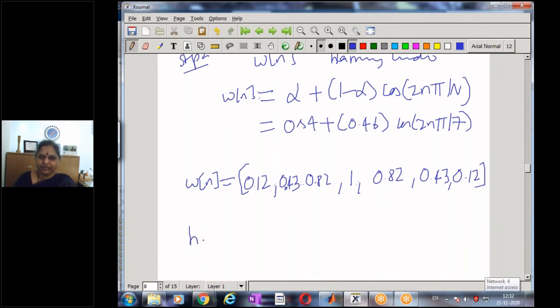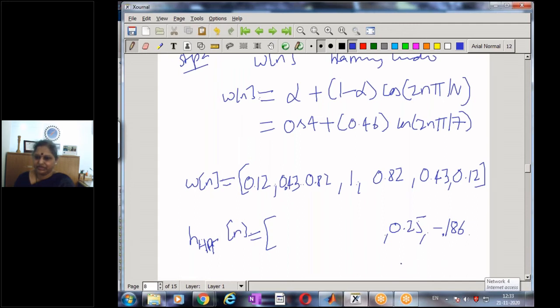Then I need to multiply. After multiplying, I have my high pass filter coefficients as follows. The central value multiplied is 0.25. The next value is minus 0.186.